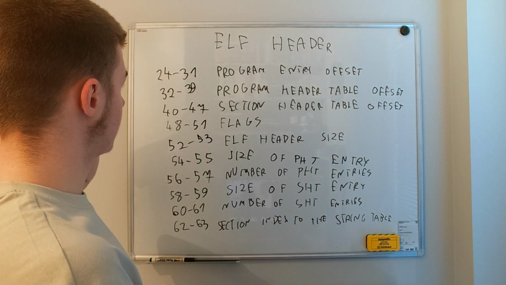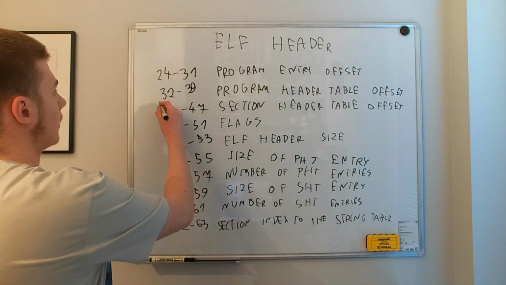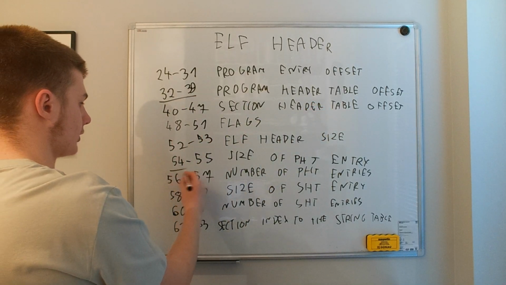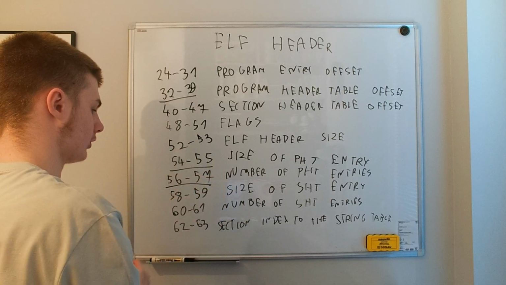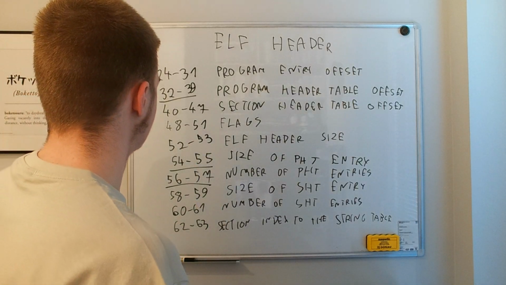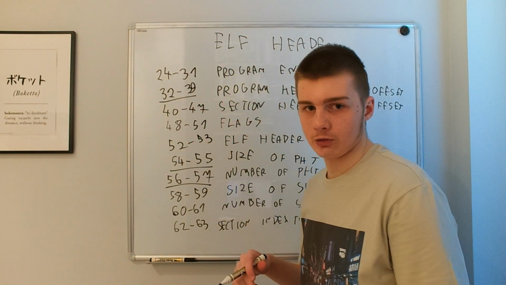So what really matters to us is, well, where is our program header table? What is the size of one entry? What is the number of entries? Because we'll need that to perform this iteration, and to actually properly deal with those ELF sections.